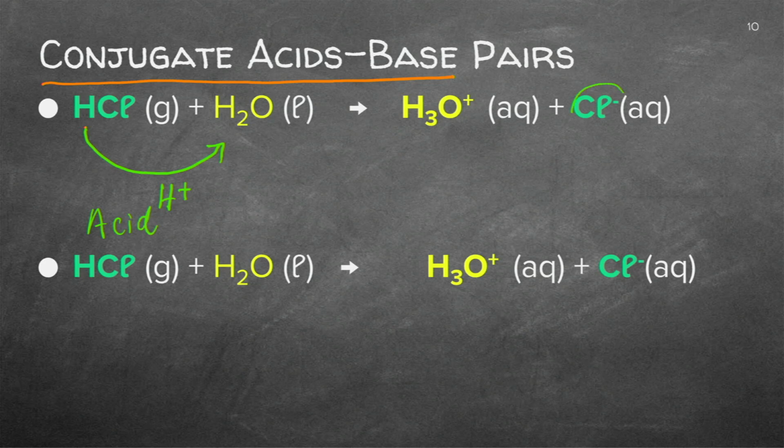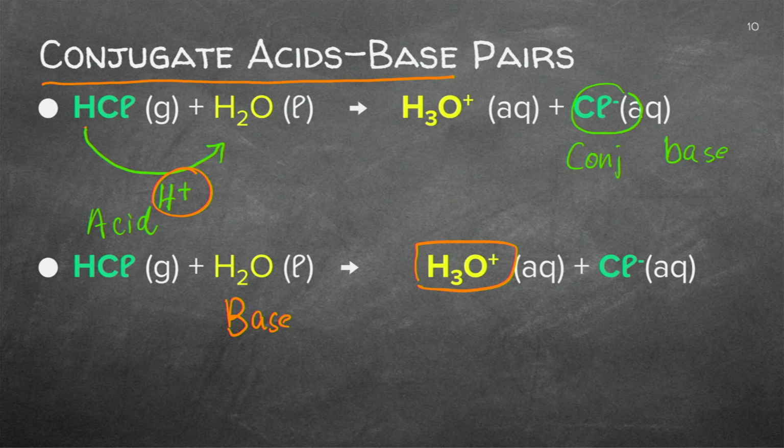It will form Cl minus, so that will be the conjugate base. That's my first pair. The second question is, if this is accepting that H+, this is the base, it now becomes that, so this is the conjugate acid. So that's the pair.